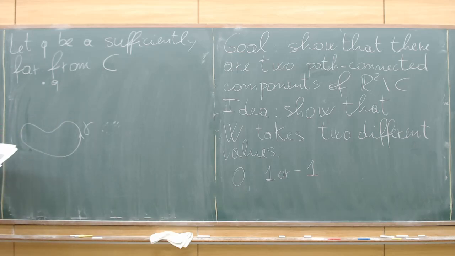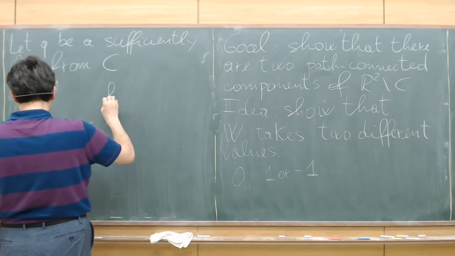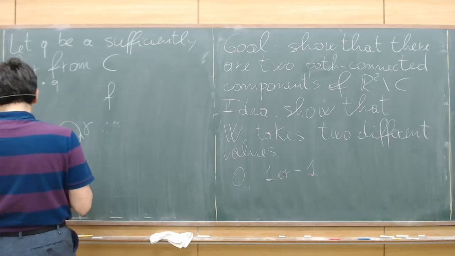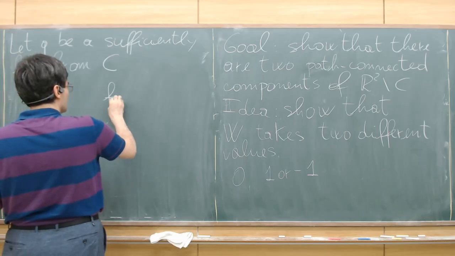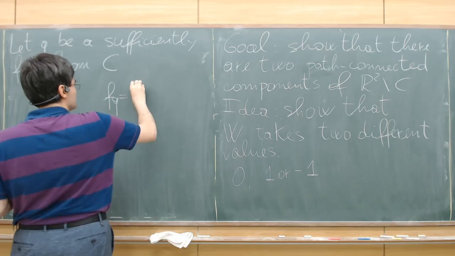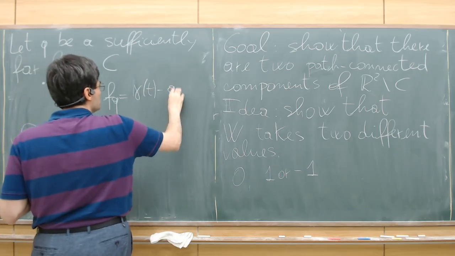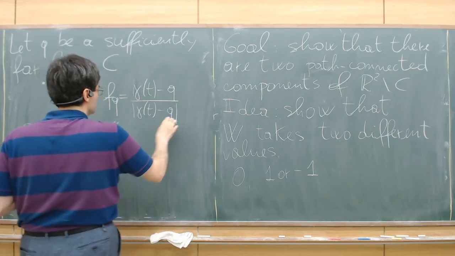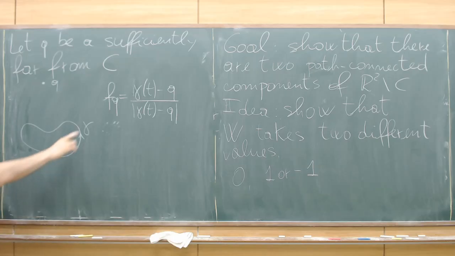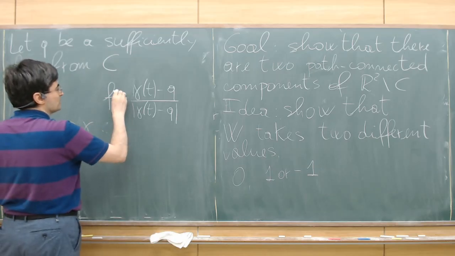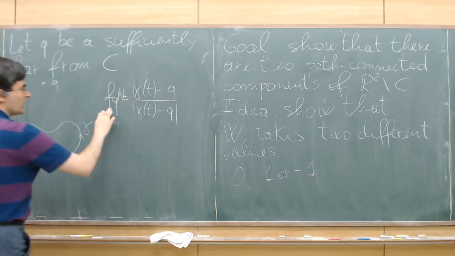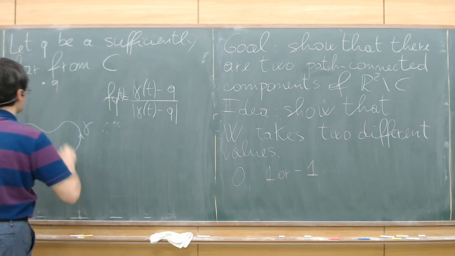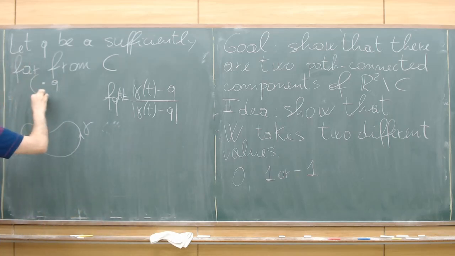Then what happens to the function f_Q, defined as gamma t minus q divided by its length? So f_Q of t is a function with values in S1. So I can represent S1 here.